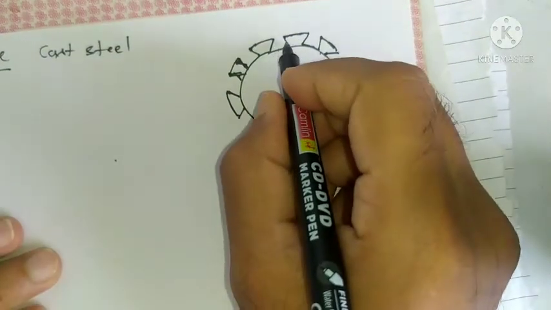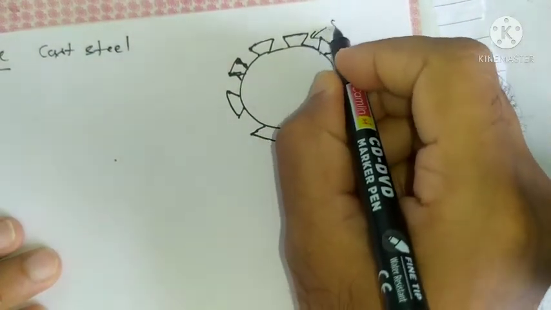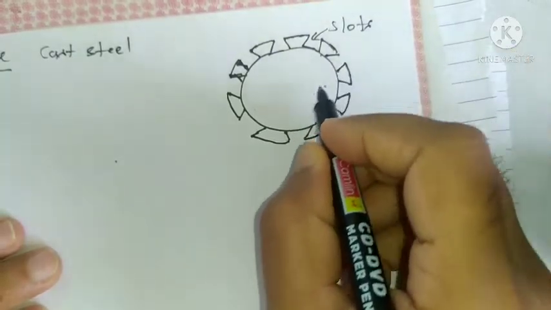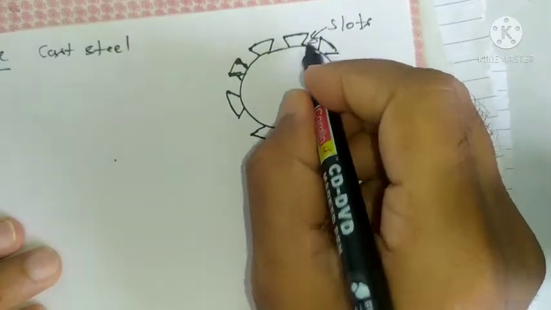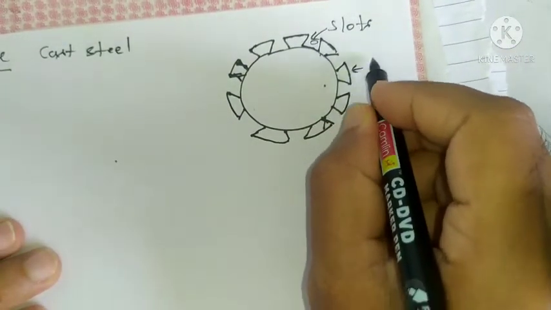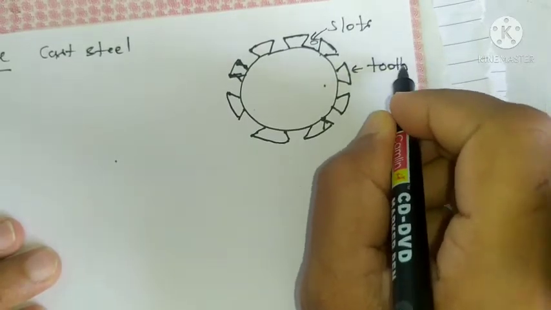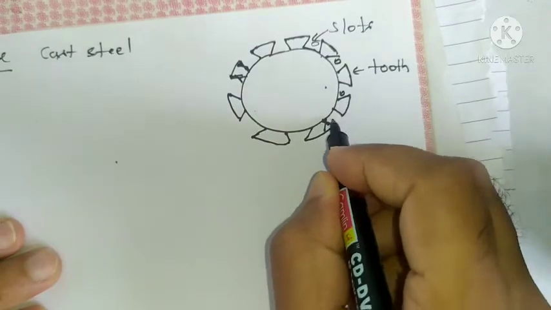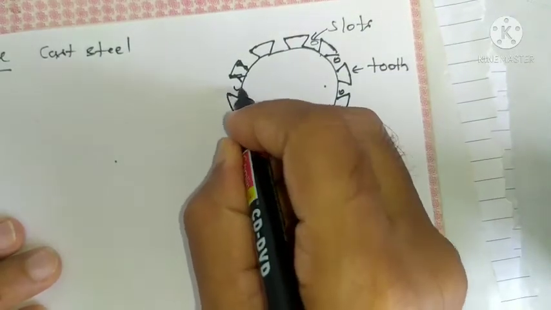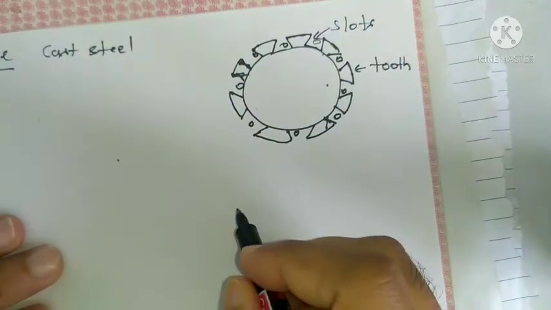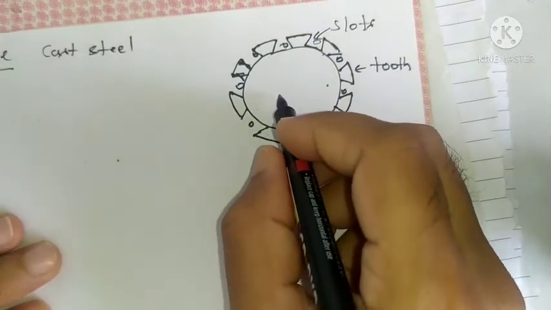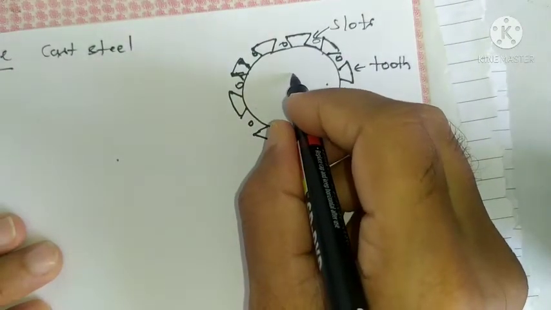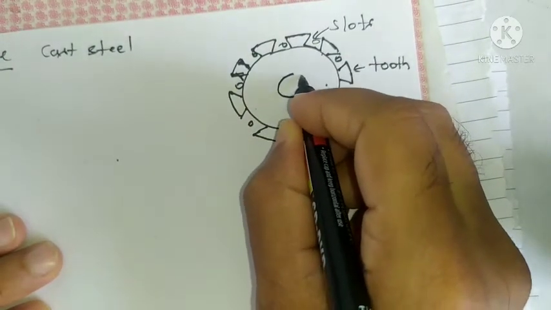These are the slots in which windings are placed, and these are the teeth of the armature. These slots will carry the armature winding, that is the armature conductor. It will be fitted on the shaft.